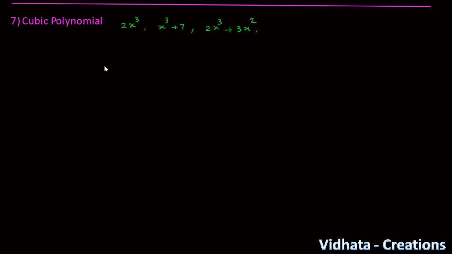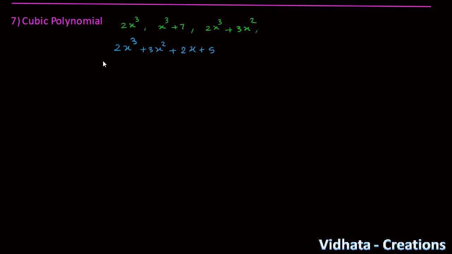One more example we will take, suppose we have 2x cube plus 3x square plus 2x plus 5. This is also a cubic polynomial.